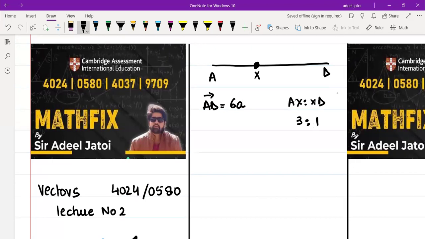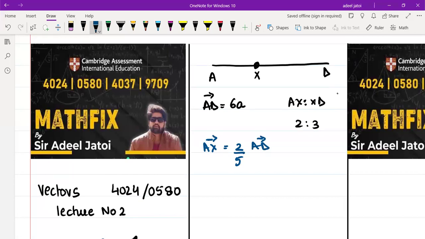Or let's just change this, 2 is to 3. This will be more convenient because AX is a smaller line, but even if the ratio is something else, you'll be solving the same way. Now, knowing the fact that AX should be 2 upon 5, AX will be 2 upon 5 of AD.